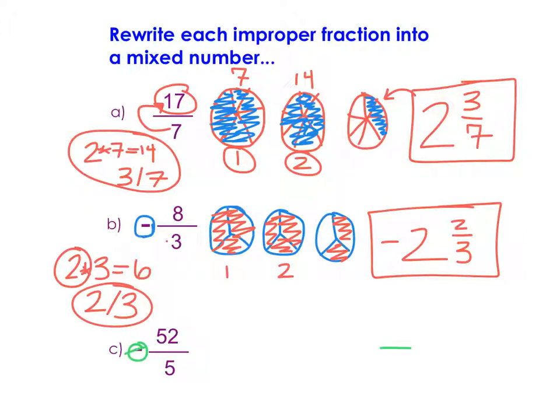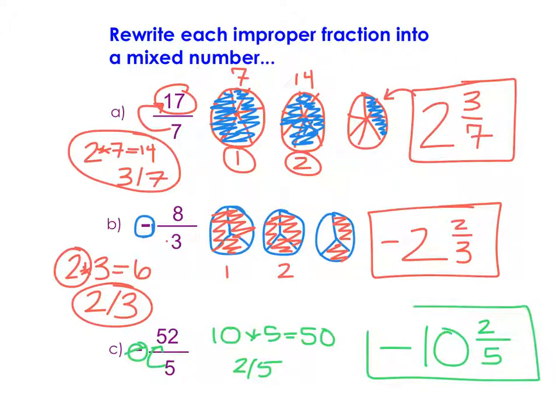So now I can focus on the 52/5. I know that 5 goes into 52 10 whole times. So I'm going to have 10 full pies, and that will get me all the way to 50. And then I would need 2/5 more to get up to 52. So this would be -10 and 2/5.